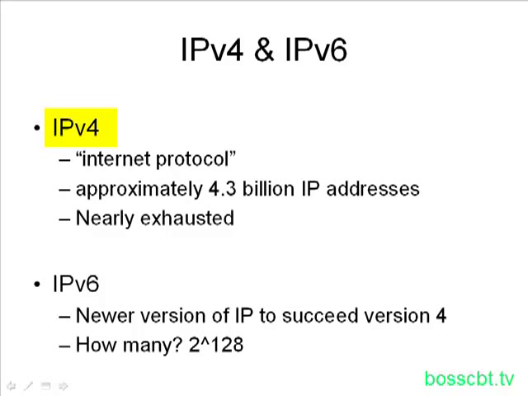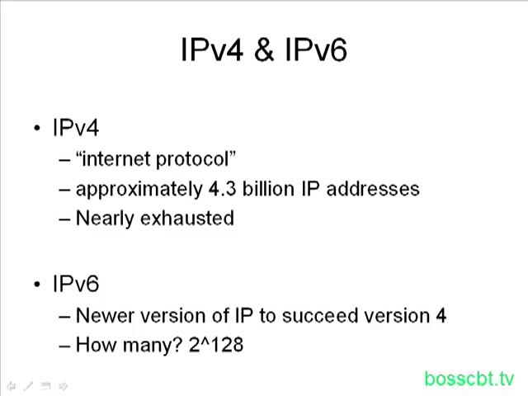This is part of the TCP/IP protocol suite, was the first version to really take off. And at the time, the approximately 4.3 billion IP addresses available seemed like that was enough. But the Internet has grown significantly, and IP version 4 is nearly exhausted, meaning it's been allocated to pretty much everybody, and there's no more left. We've run out of IP version 4 IP addresses.